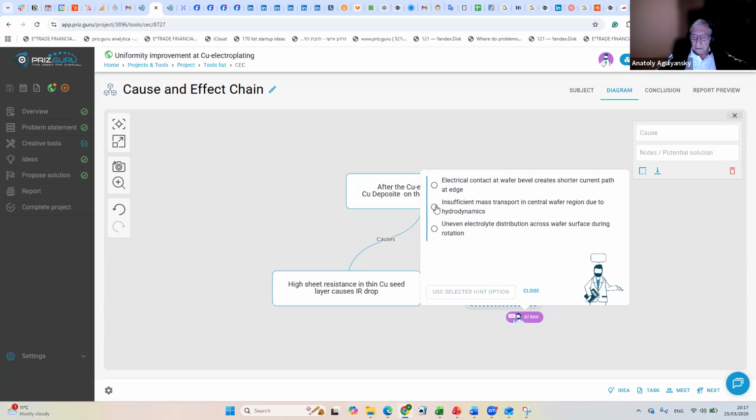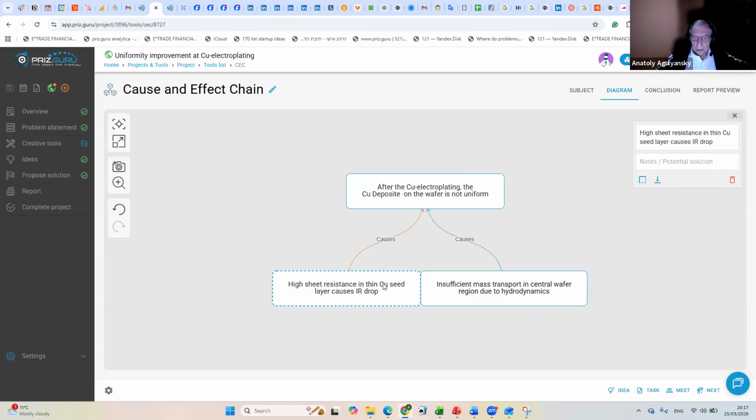Uneven electrolyte. You know, for instance, let's pick up this. I just make it shorter.